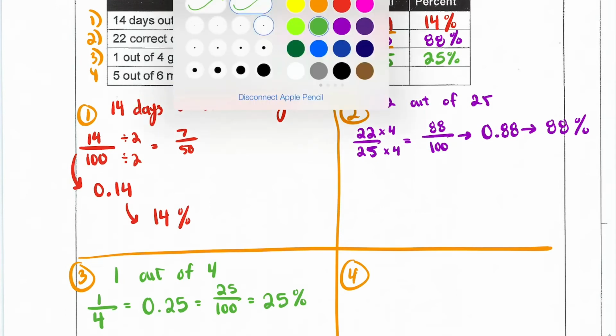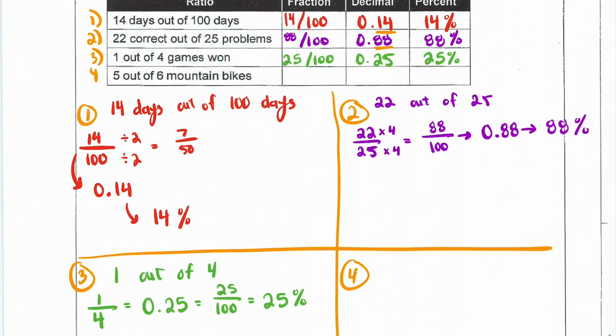All right, number 4, last one, 5 out of 6. So immediately you guys might be thinking, well, how can I change 6 into 100? Well, does 6 even go into 100 evenly?